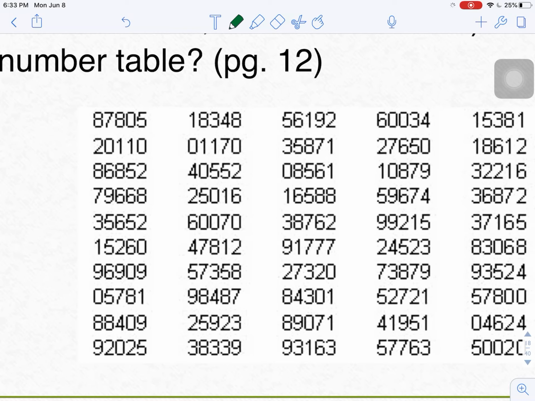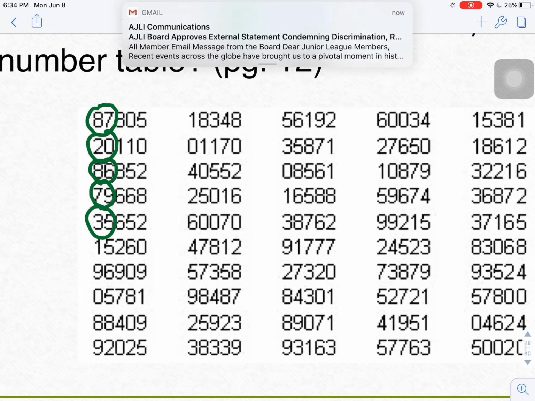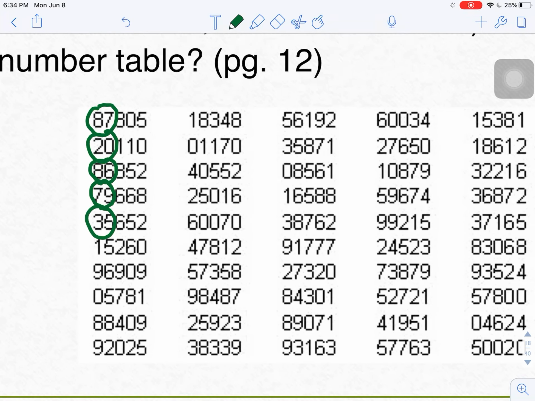Say, for example, I want to randomly select 5 two-digit numbers. So I'm going to go to this table, and here's 87, 20, 86, 79, and 35. So those would be my 5 random two-digit numbers.